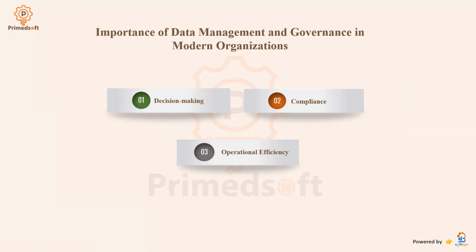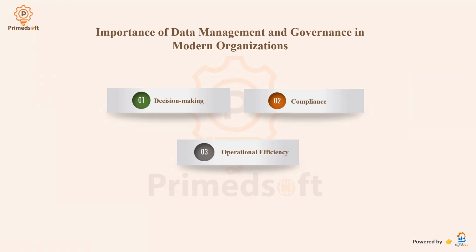The next one is compliance. So earlier I talked about security and compliance. When we talk about compliance, we're talking about the relevant rules that are out there. Things like the GDPR, the CCPA, the NDPR.